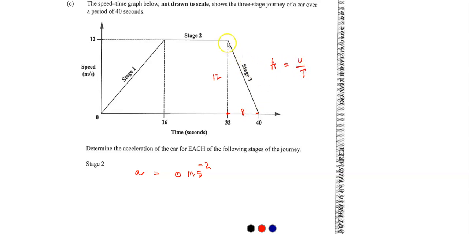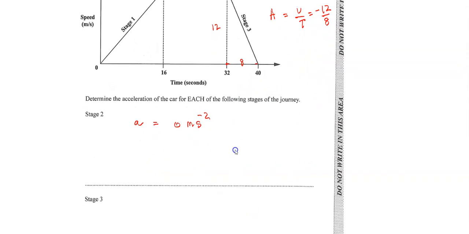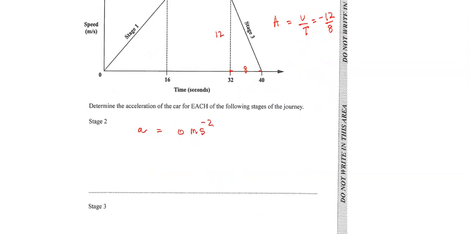But with this here, the graph is sloping downwards, it's decelerating or slowing down, so it's going to be a minus velocity. So acceleration is minus 12 over the time as 8 seconds. So what we get there is minus 1.5 meters per second squared.